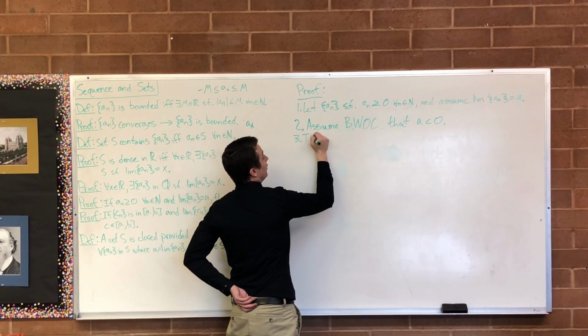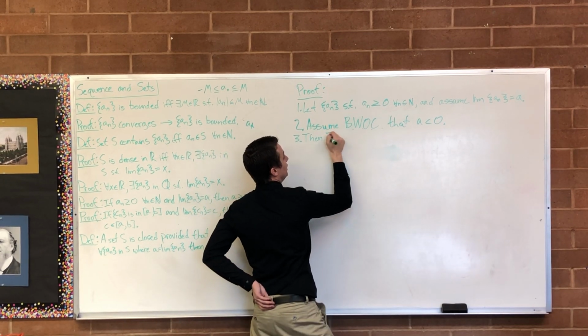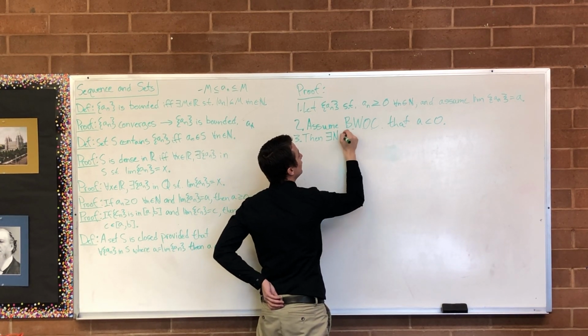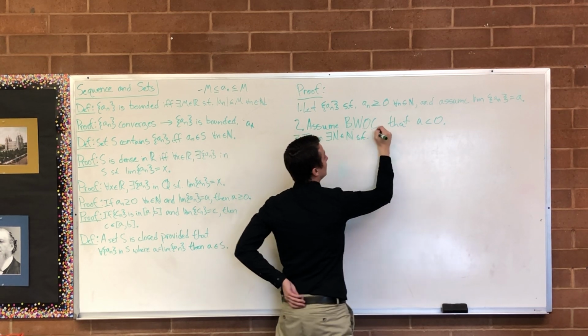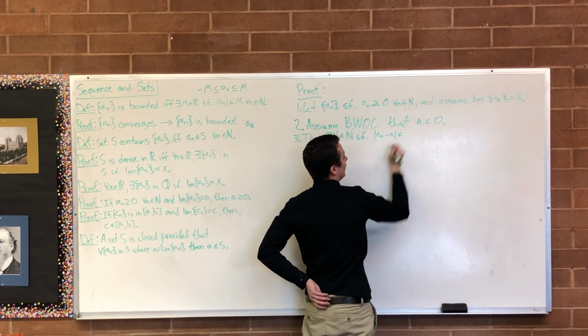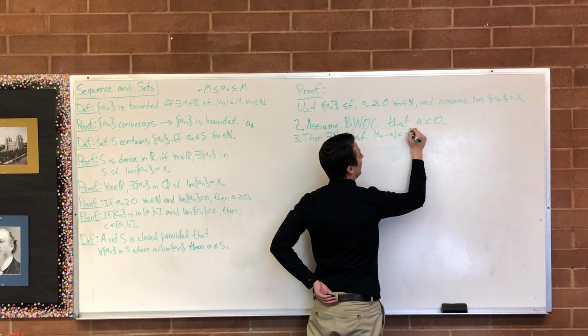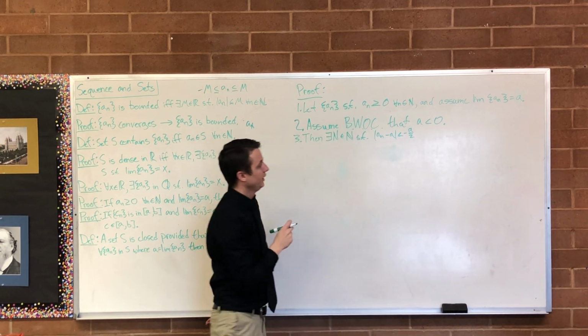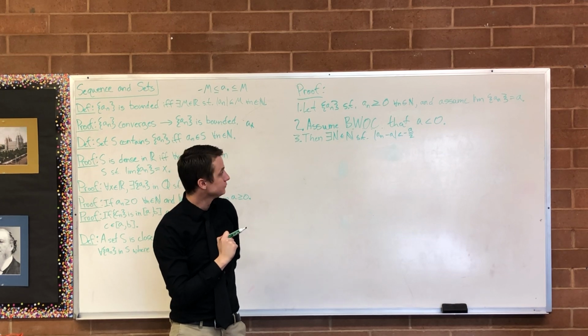So then, since I know that a_n converges to A, there exists some index, big N, in the natural numbers such that |a_n - A| is less than, pick any term I want. I'm going to pick negative A halves. Why negative A halves? Because A is a negative number.